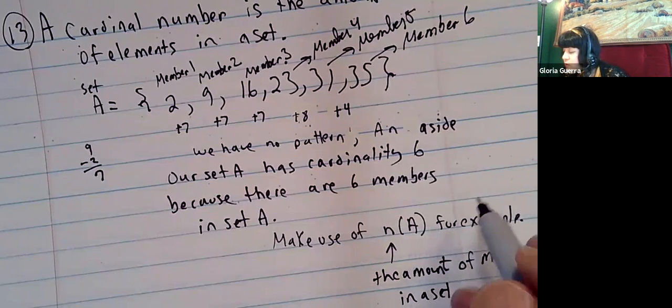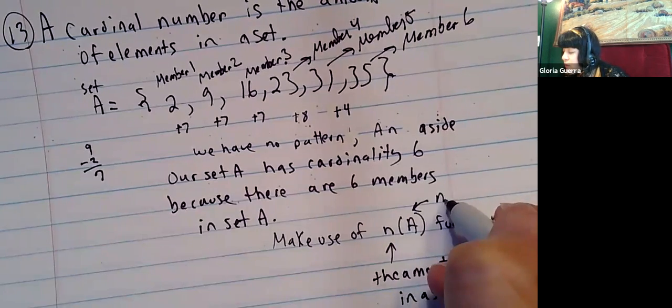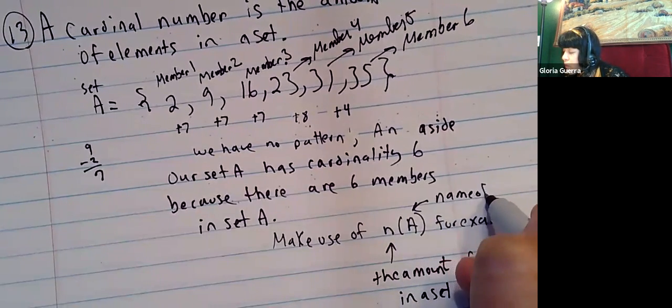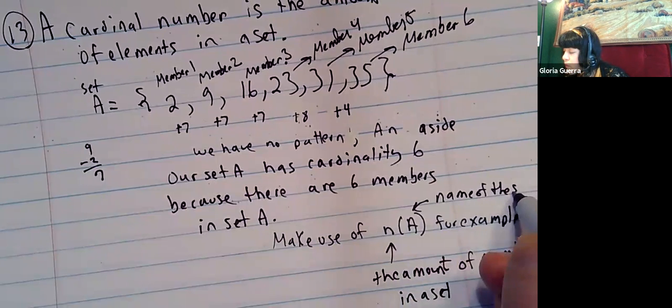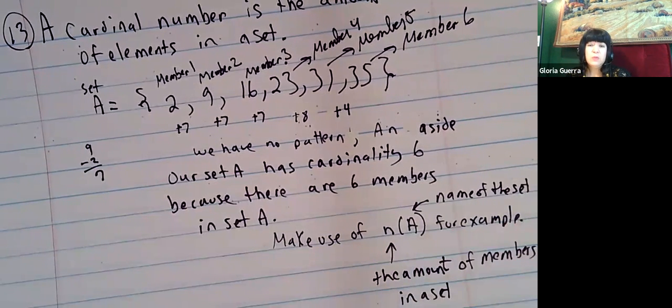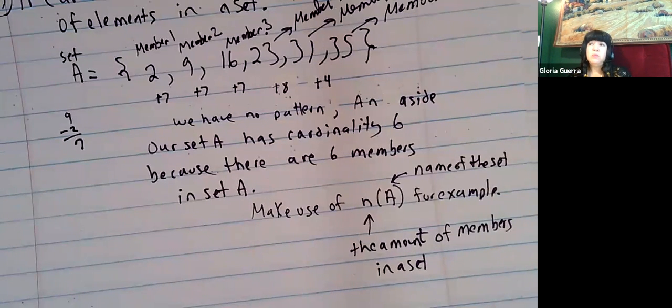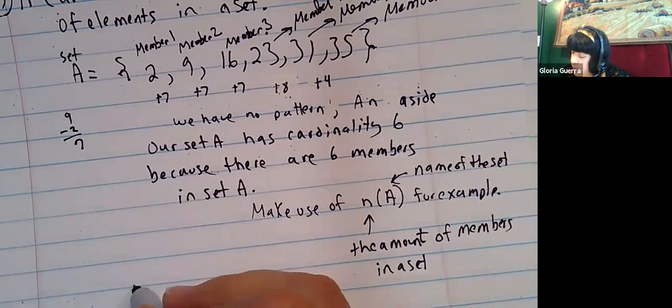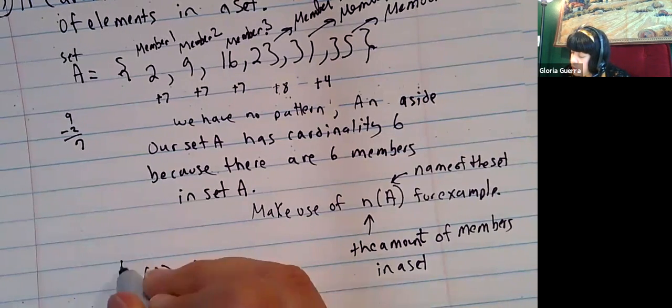And this is like the name of the set. Our name was A. So it could be N of B if the set were B, N of C, N of D. It's the name of the set. So our set is A. So we write N of A equals 6.